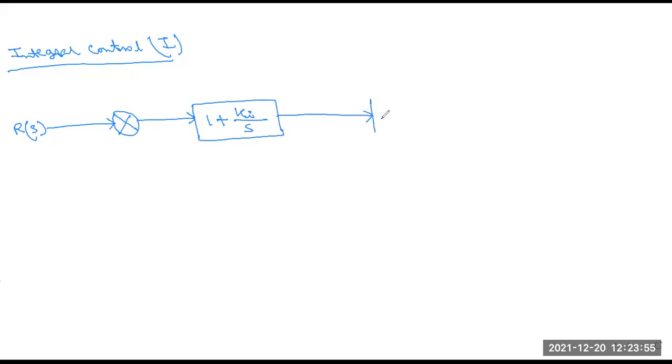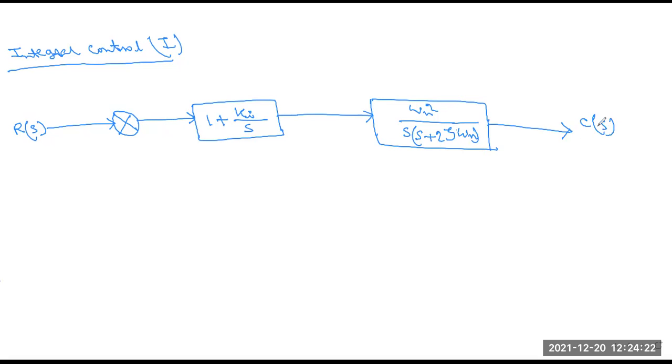And then this is the process or plant, a second order system, with output omega n square by S into S plus 2 zeta omega n. And this is the output C(s).